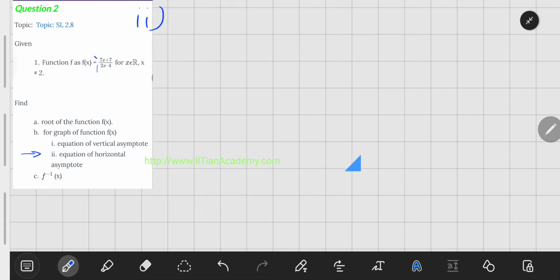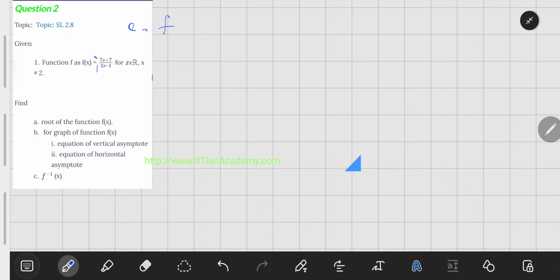Lastly, we're asked to find the equation of our horizontal asymptote. Now, to find the horizontal asymptote, we first look at the degrees of our numerator and denominator. In this case, the degrees for 7x and 2x are both 1.